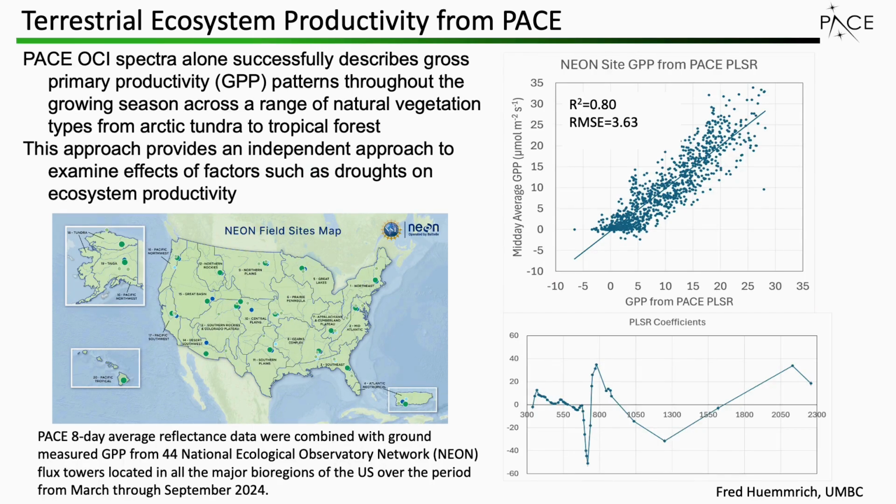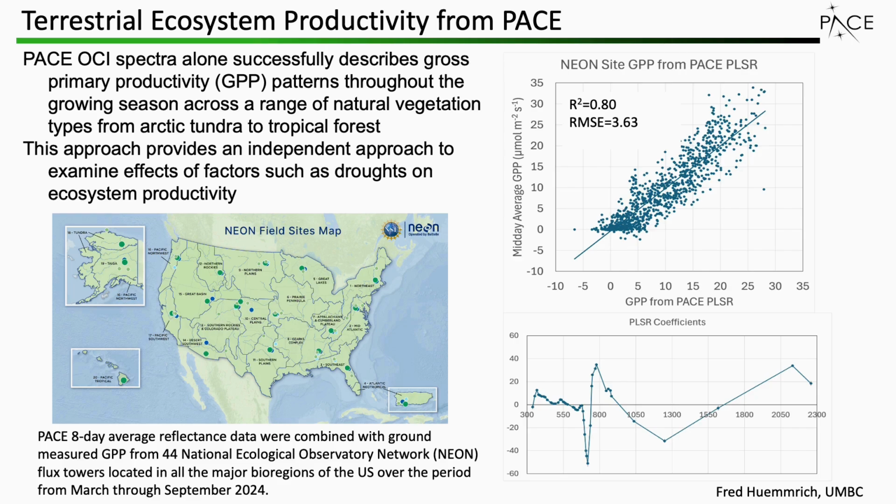We can also use PACE data to look at ecosystem productivity, ecosystem function. In this case, I have looked at gross primary productivity measured by flux towers as part of the NEON study.